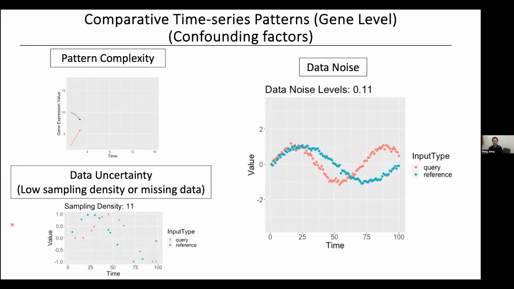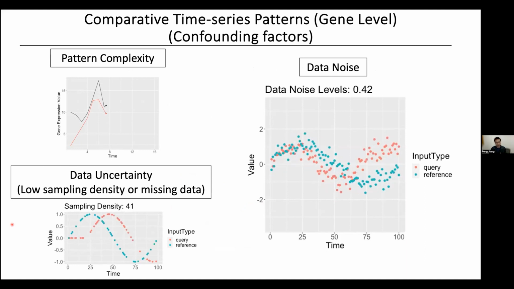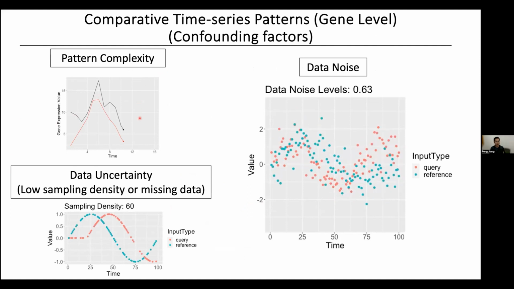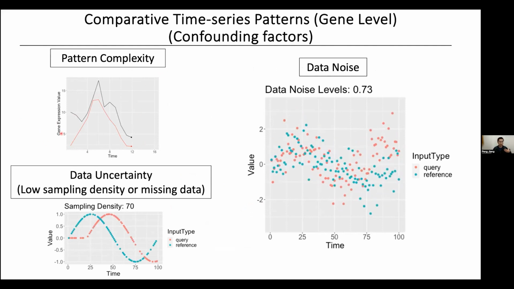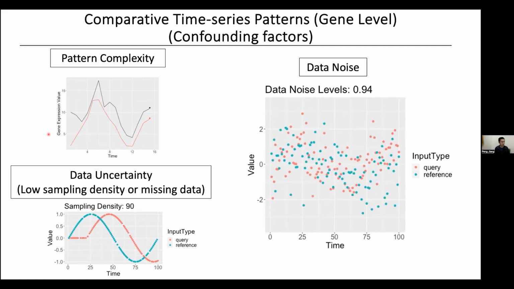So for comparative time course data, there are multiple confounding factors making this very complicated. The first thing is pattern complexity. This is just an example. Let's say the pattern represents gene expression changing over time.